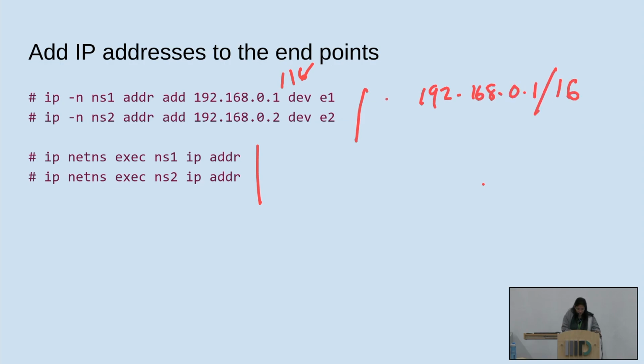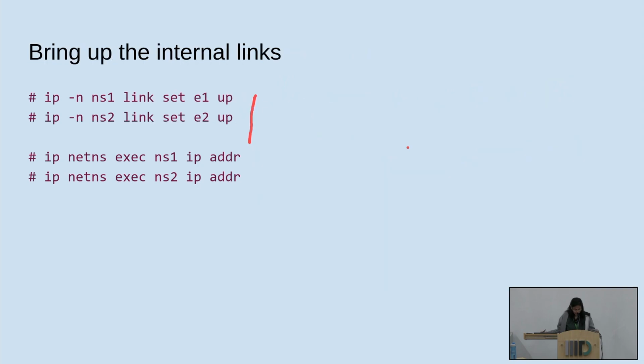192.168.0.1/16 for E1, and for E2 use 192.168.0.2/16. /16 is important, right? So once that is done, up the interfaces again, E1 and E2.